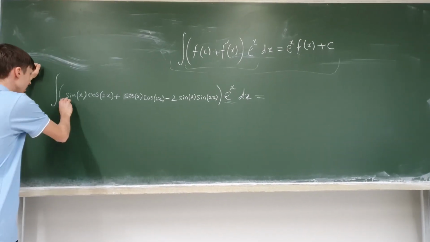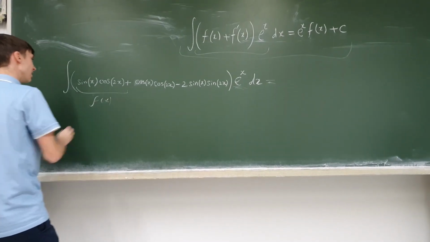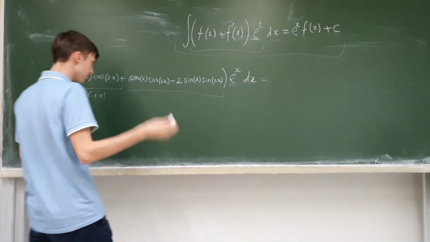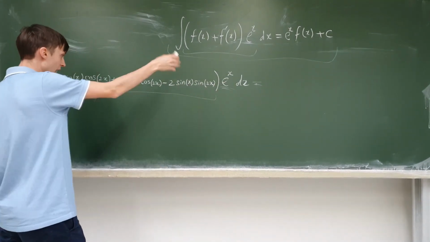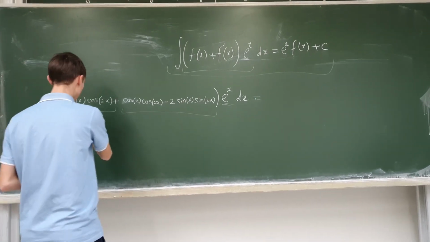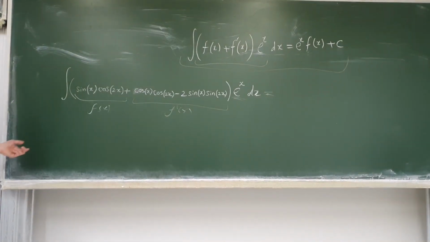Well, for example, I can pick this as f of x. Maybe it is already that way. So if I say that this is f of x, then whatever is added, the rest of the parentheses, which as a whole is multiplied by this exponential e to the x, this thing has to be the derivative of this. So if I say this part is f of x, this has to be f prime of x. Well, the question is, is it so?